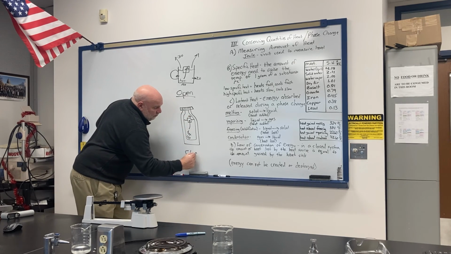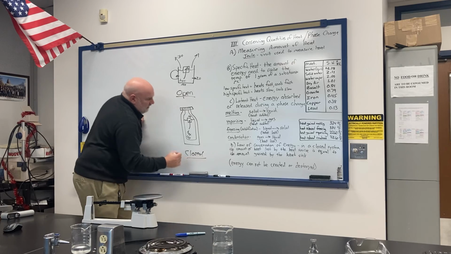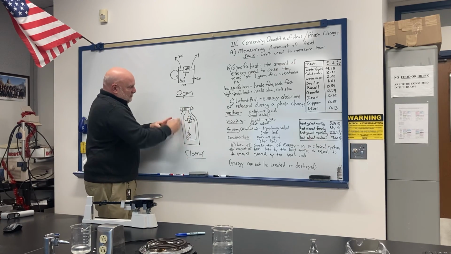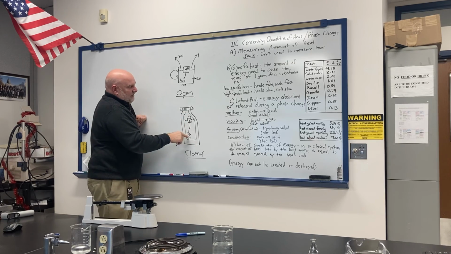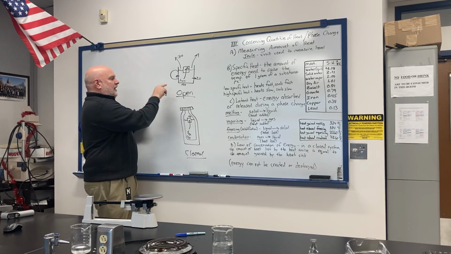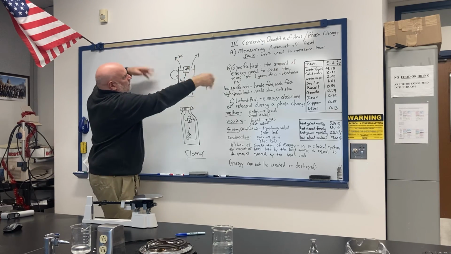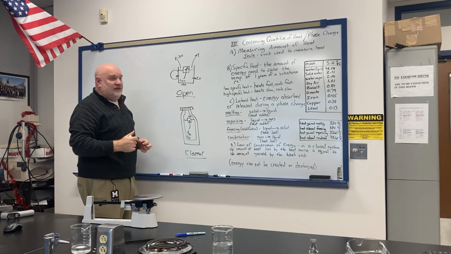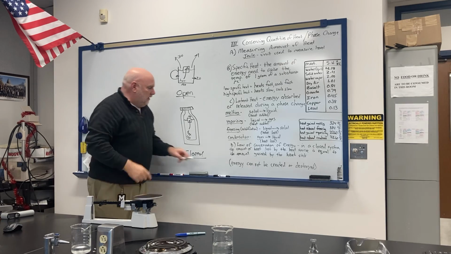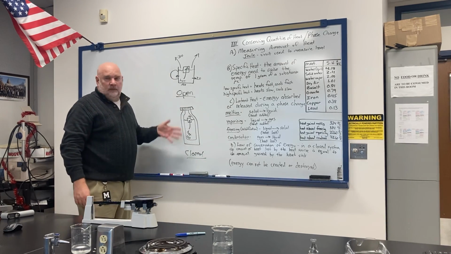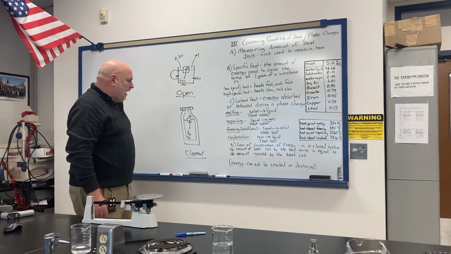That is a closed system, because no energy is escaping it or getting into it. It's all self-contained. In an open system, energy can be lost to the environment, or the environment could add energy to it. That's the difference between the two. So we'll be doing a couple labs dealing with this kind of stuff in the near future, and that is it.